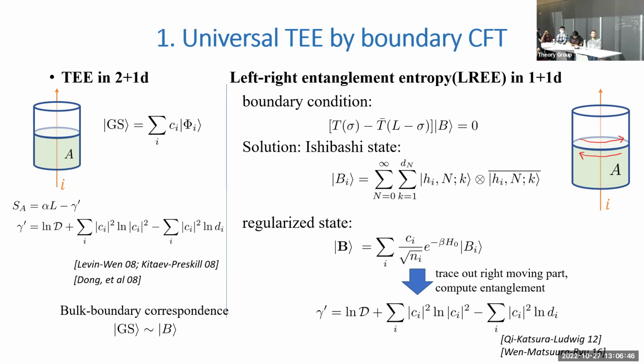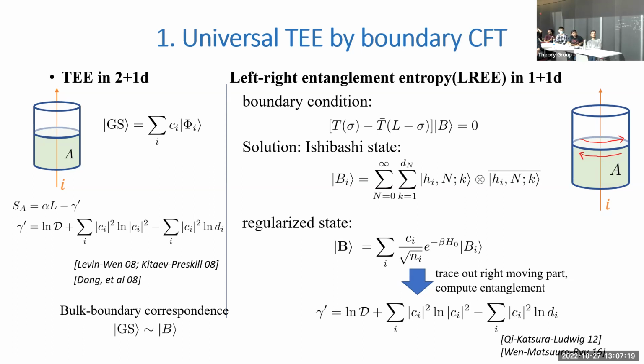So the basic idea for this calculation is to use the famous bulk-boundary correspondence that we mentioned before: we have a topological order in a bulk, and in that case we have a CFT on the boundary. Specifically, suppose we want to compare the entanglement. The calculation for the entanglement in the bulk can be related to the so-called left-right entanglement entropy in this 1 plus 1 dimensional boundary.